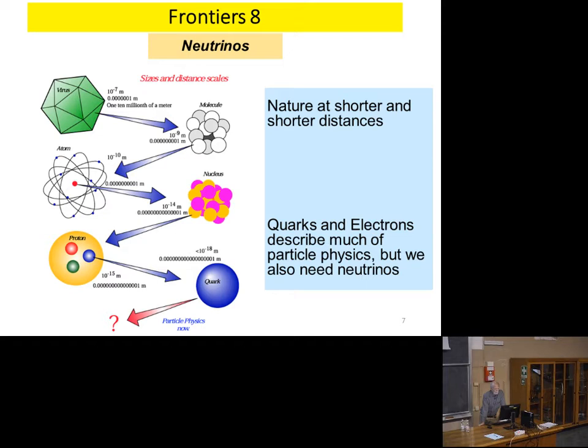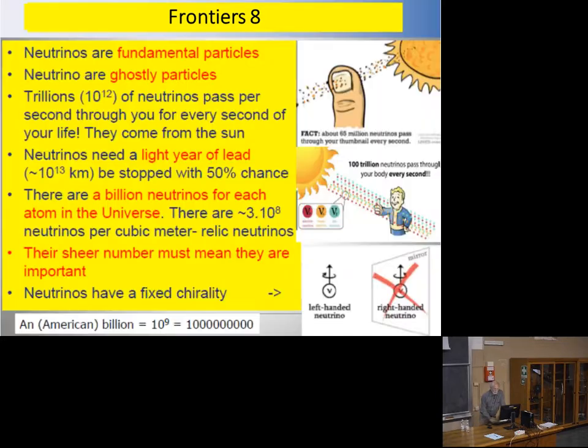The proton is 10 to the minus 15 meters, and that's the size that we study on very large accelerators, for example. And quarks themselves, we don't know. We treat them like they're points, but we know at least that they're smaller than, say, 10 to the minus 18 meters. And so that's where we start.